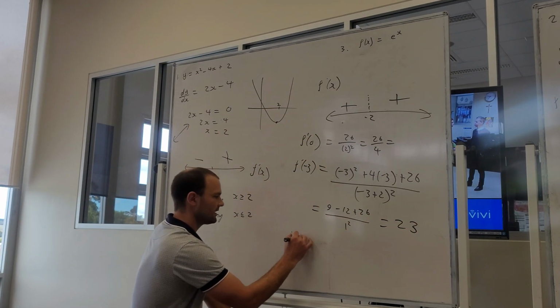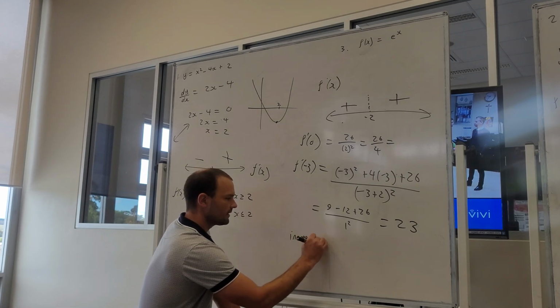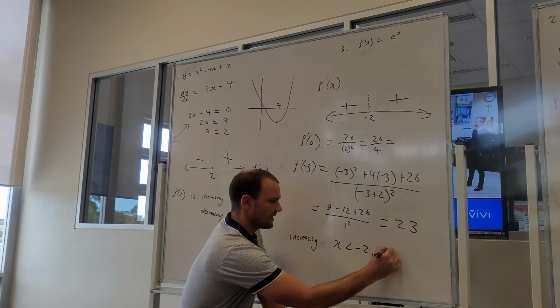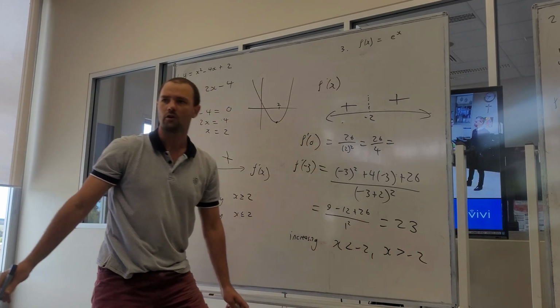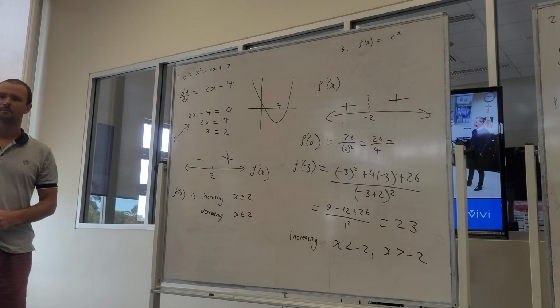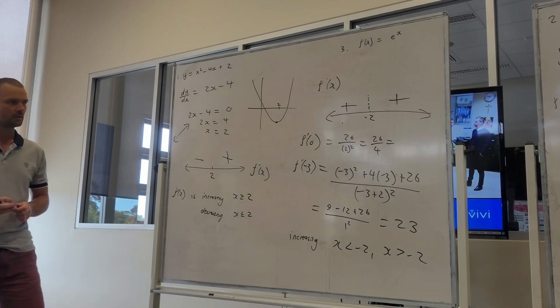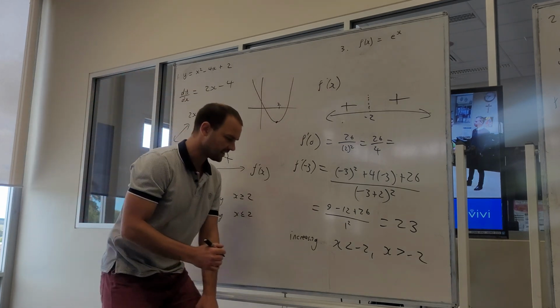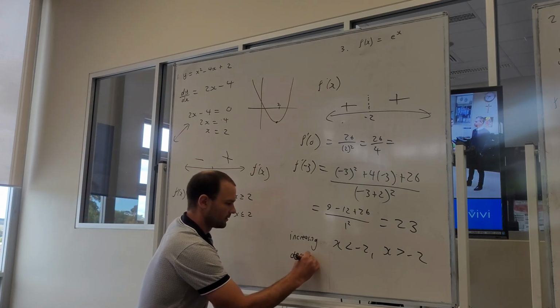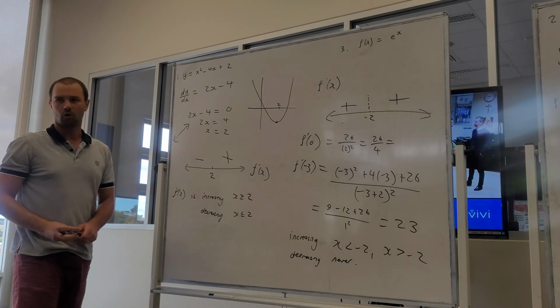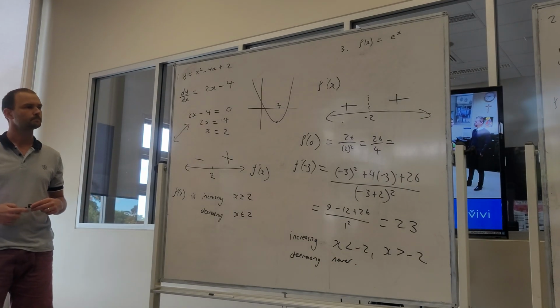Okay, so what we can see is it's increasing for x less than minus 2 and x greater than minus 2. Notice how we don't include that point because it doesn't exist when x is minus 2. So we're increasing, and decreasing is never. It's always increasing.